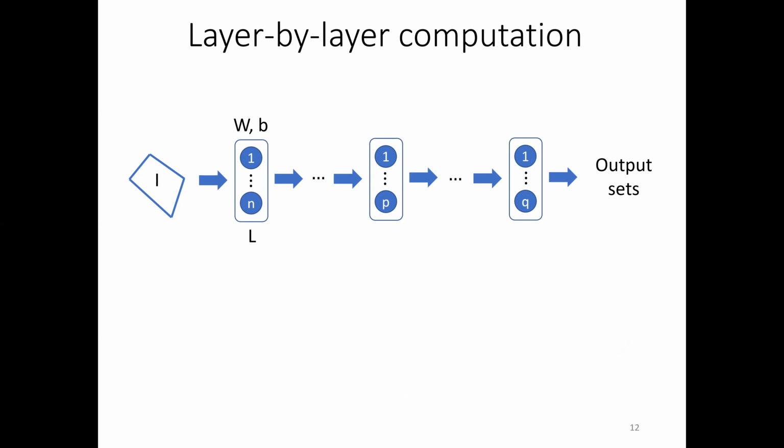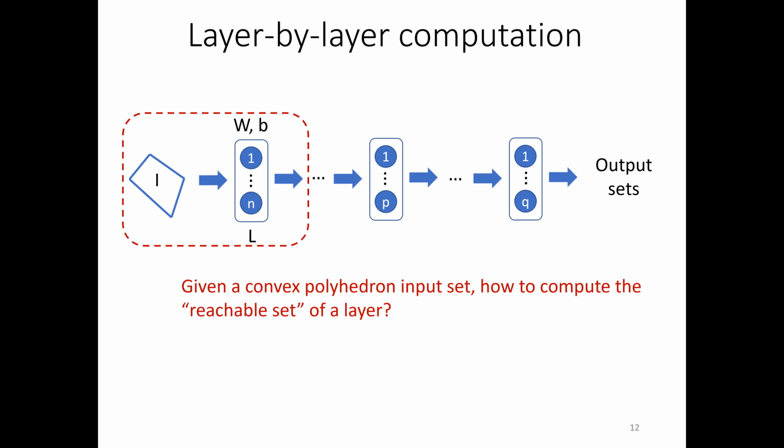The output set of the first layer is going to be the input set of the second layer, and so on until the last layer. So the core reachable set computation is how to compute the reachable set for a single layer. Given a convex polyhedron input set, how do we compute the reachable set for a single layer?